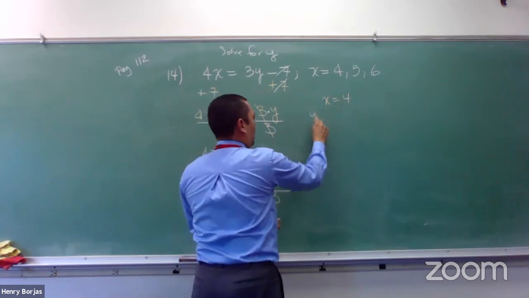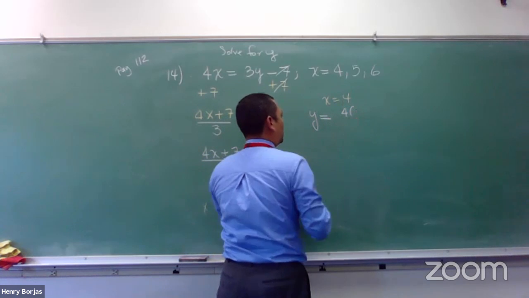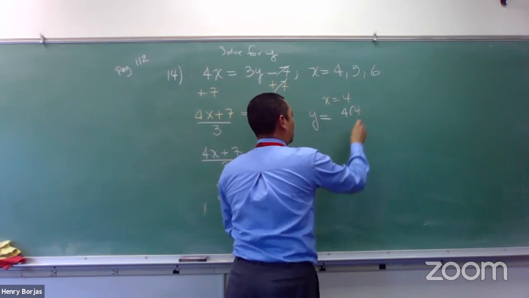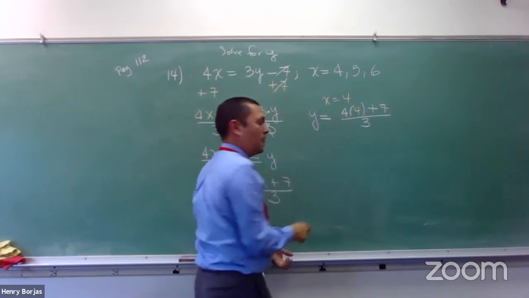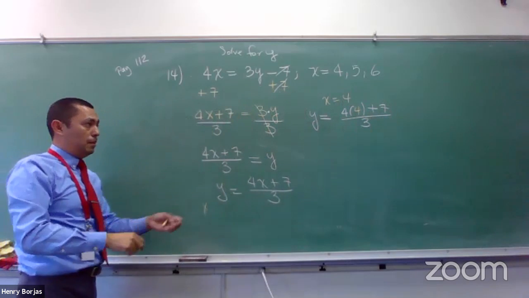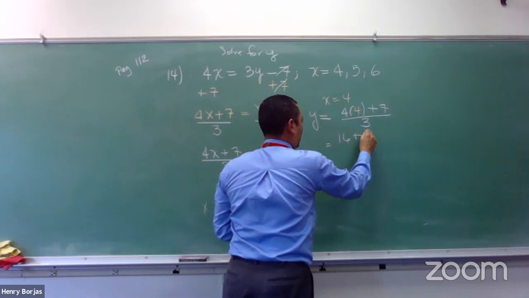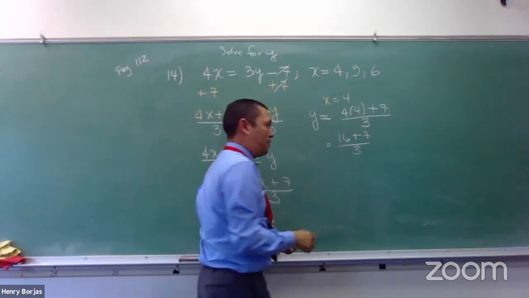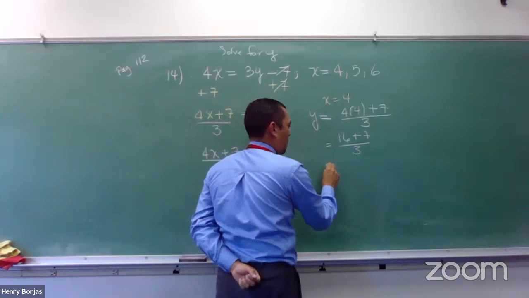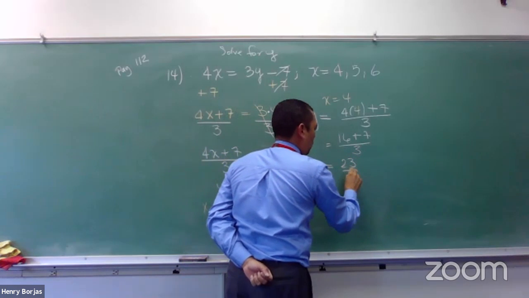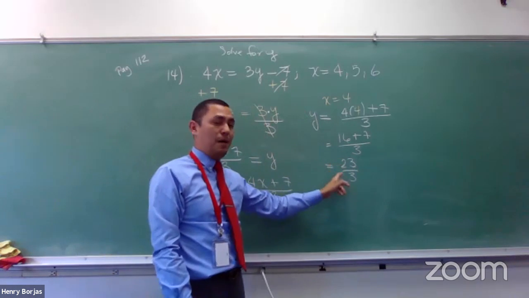That means y is equal to 4 times 4 plus 7 over 3. So we have 4 times 4 is 16. So this is equal to 16 plus 7 over 3, and 16 plus 7 is equal to 23 over 3.